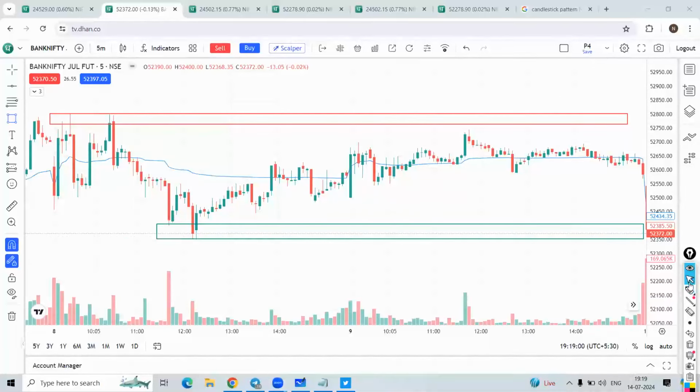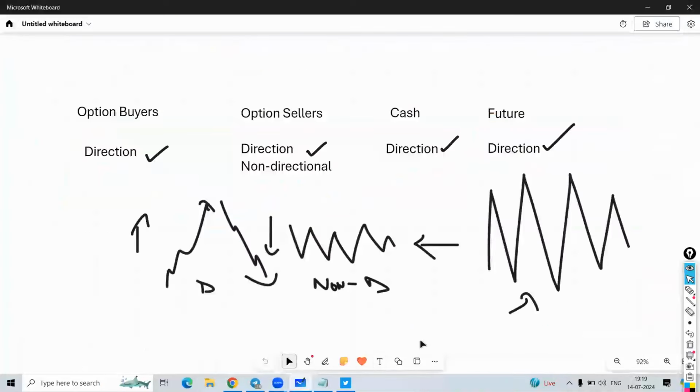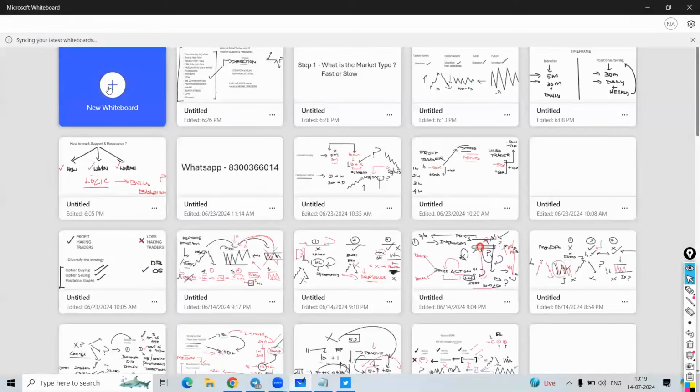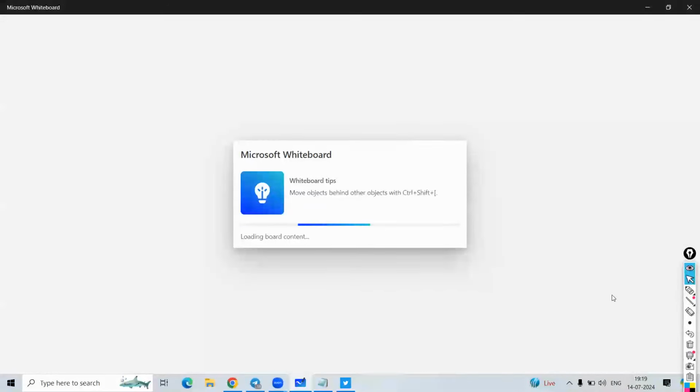Now tell me, there are two cricketing pitches. I hope you have basic knowledge of cricket.